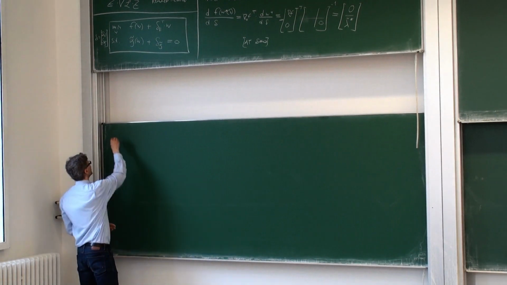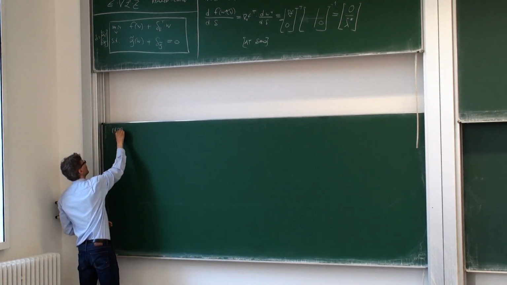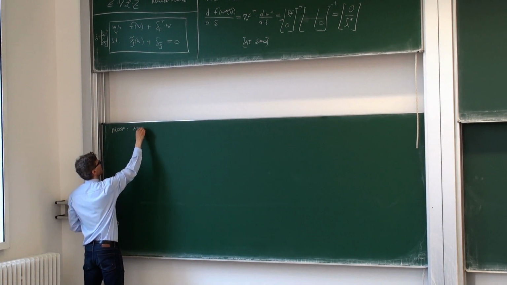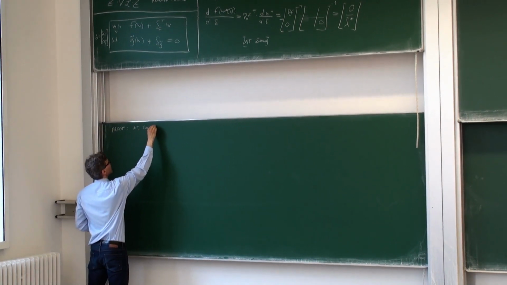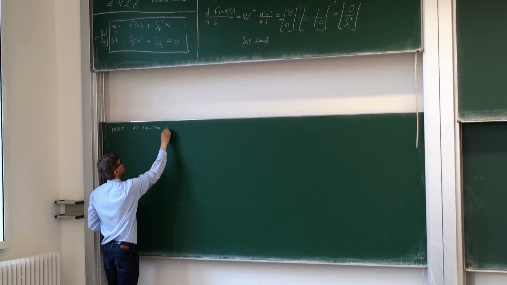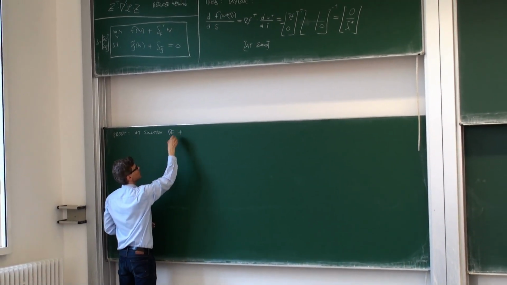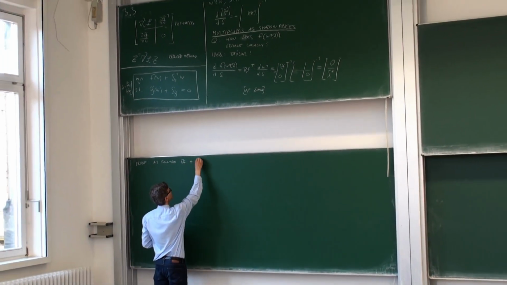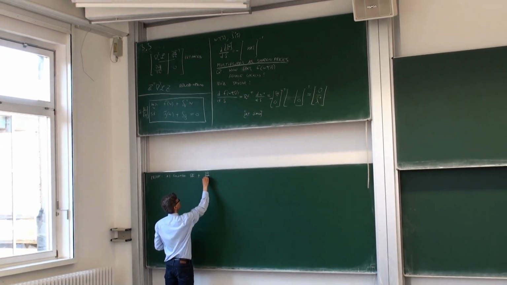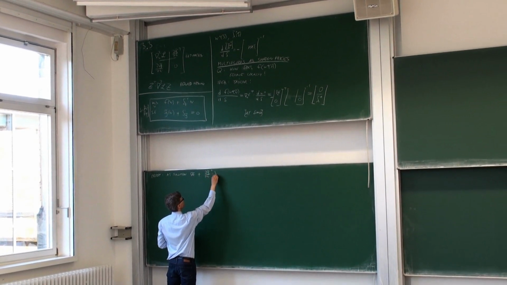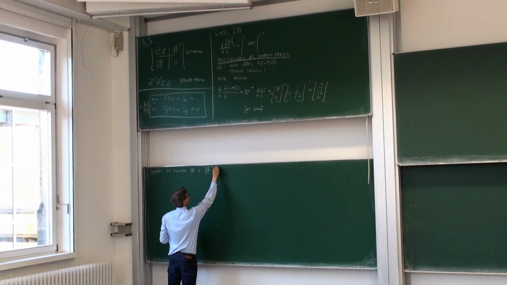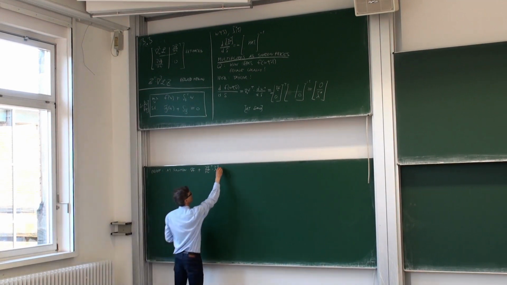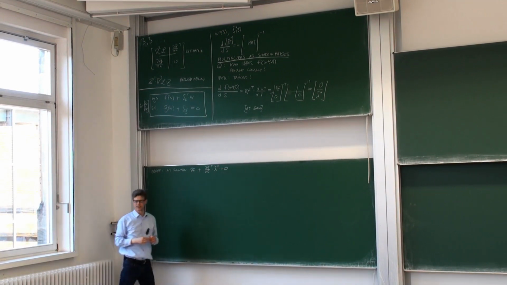The proof is that at the solution we have nabla f. I omit the argument, it's always at the solution, right? So nabla f plus dg tilde dw transpose times lambda tilde star. So that's 0, because our Lagrange gradient is 0, right?